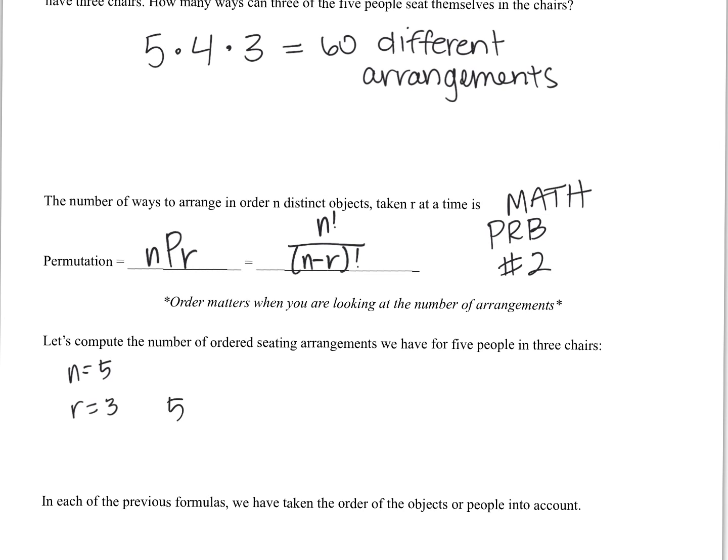So we're doing 5P3, which if we're doing the formula is 5 factorial over 5 minus 3 factorial, which we can plug into the calculator, 5 and 3, and then we hit enter, and it will give us 60. I do not require that you memorize the formula. You are more than welcome to use the calculator function every time.